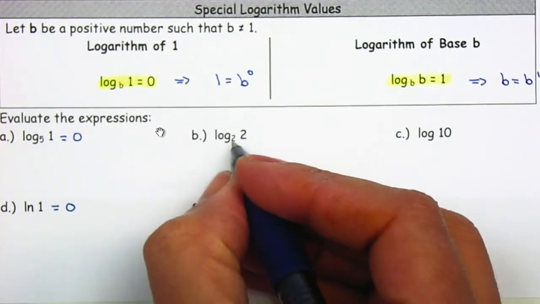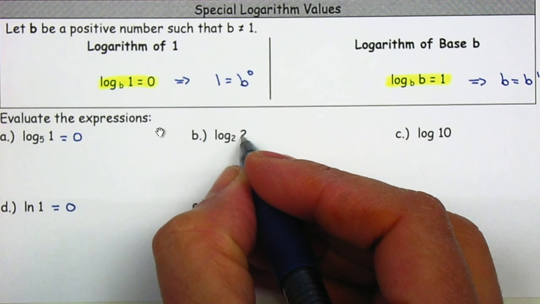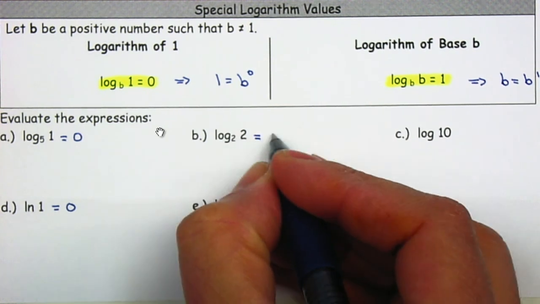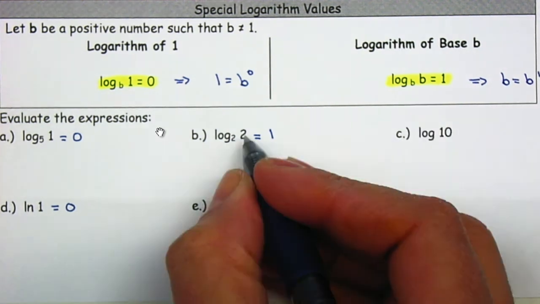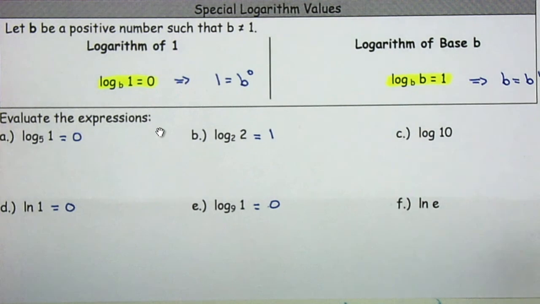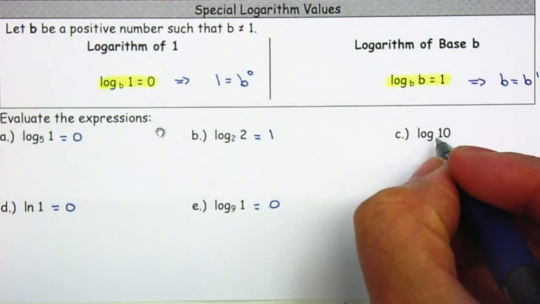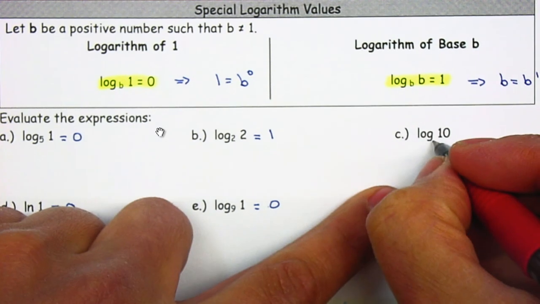For letter B, if the base is equal to this number here, it is automatically equal to 1, just like we saw here. And if you want to be able to rewrite it to confirm, you can. Remember that if there's no base on the log, automatically there's a 10.